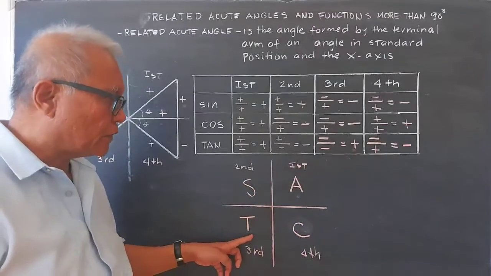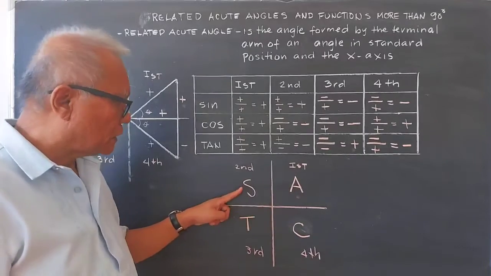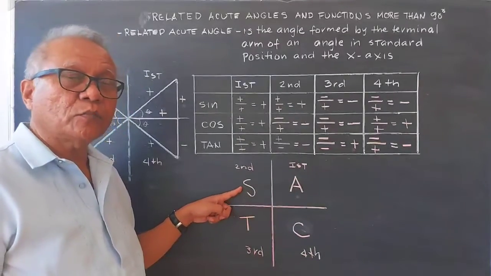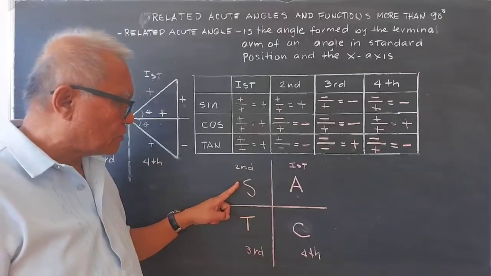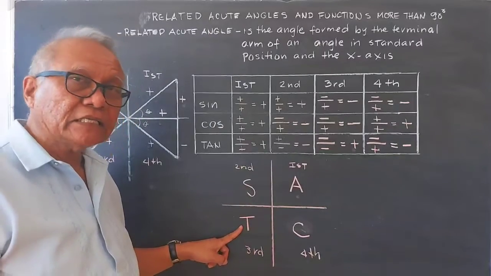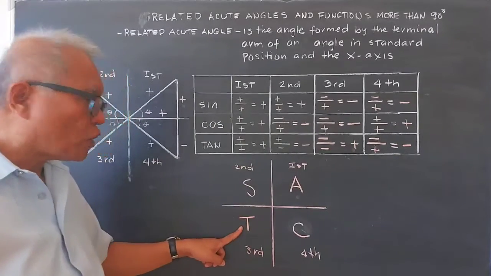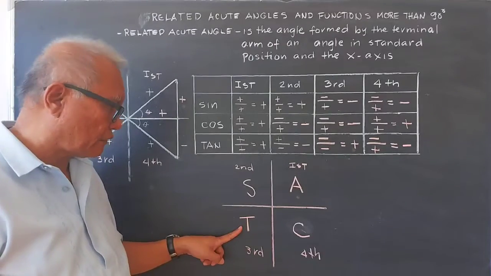It means that A is all functions are positive. S means sine is the only positive function in the second quadrant; tangent and cosine are negative here. In the third quadrant, tangent is the only function that is positive, but sine and cosine are negative.